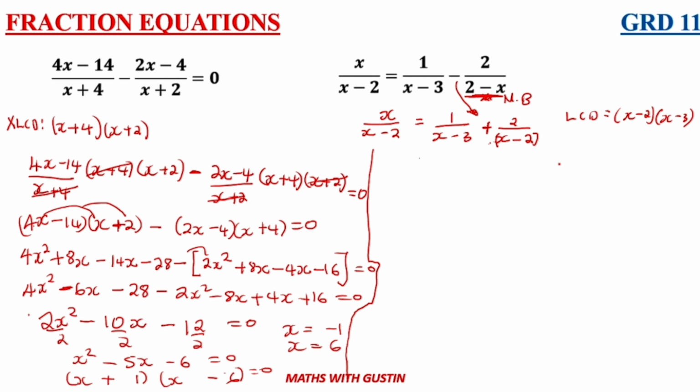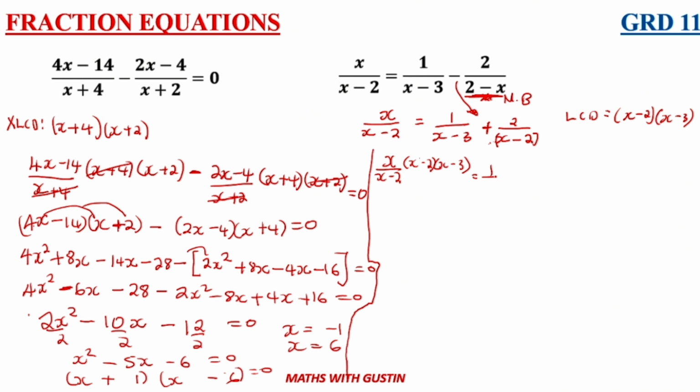Okay, so now we need to remove the fractions using the LCD. I'm just going to write here as neatly as I can, but very small: x multiplied by the LCD x minus 2 x minus 3. That's the first one.